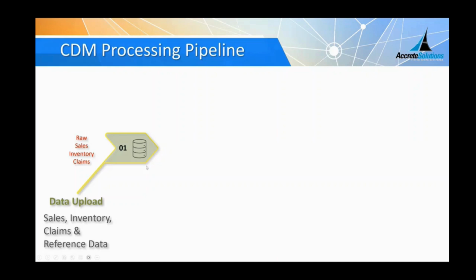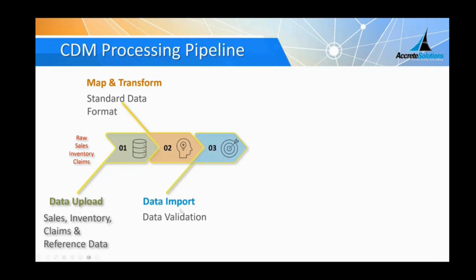So that data comes in, it gets uploaded. The second stage is to map and transform that data into a standard data format. Once it's in the standard format, then you import that data into the database, and then you do some validation of the data, date formats, currency, and so on and so forth.